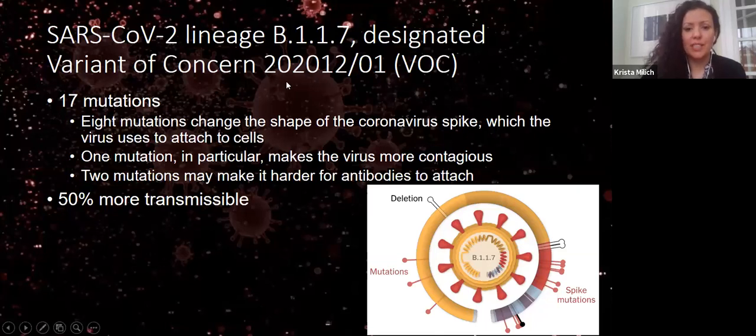So this one was designated in 2020 in December. So keep these numbers in mind as we're looking at them, because what you'll see is that some of these new strains were designated in 2021 and we're not even to mid-February 2021 yet. So what we're talking about are things that are very, very new and that we still need to learn a lot about.